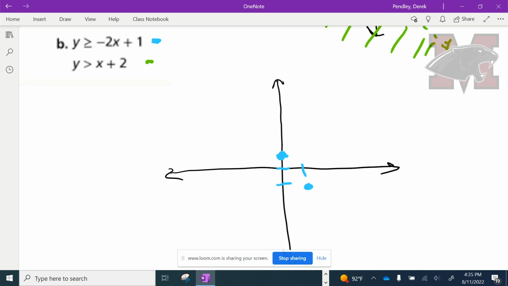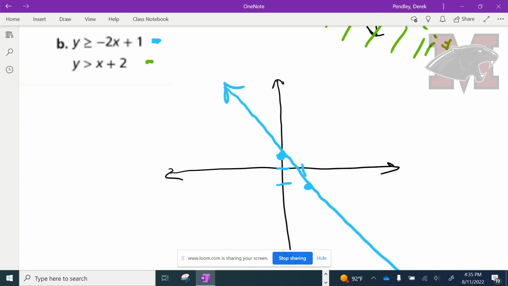And it is a greater than or equal to. So is it a solid line or dotted line? Solid or dotted? Remember, if it's a greater than or equal to, less than or equal to, it's solid because it includes the line. So solid line.